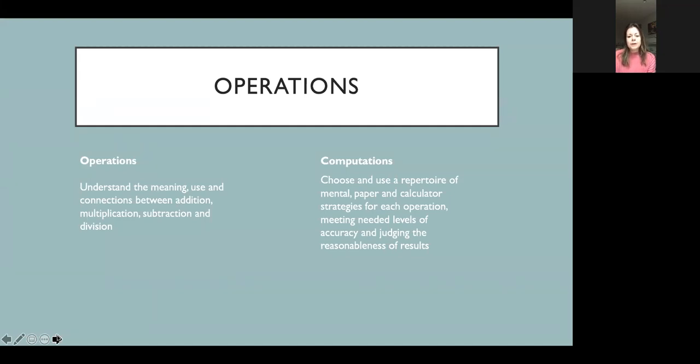We want to, in the session, talk about the difference between the meaning of operations versus computations. I know in the primary years that we do spend a lot of time on computations. Our curriculum wants our students to understand the meaning of operations, but we often quickly jump to, can they add?